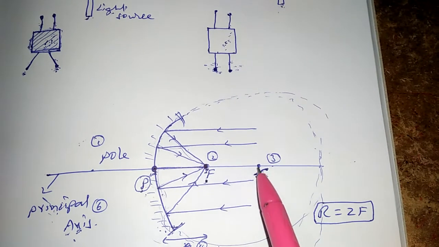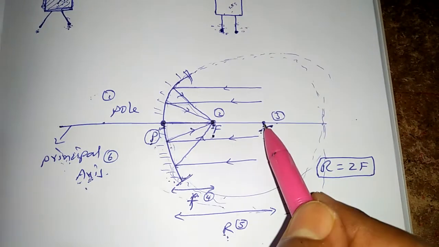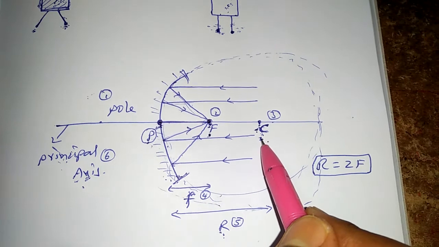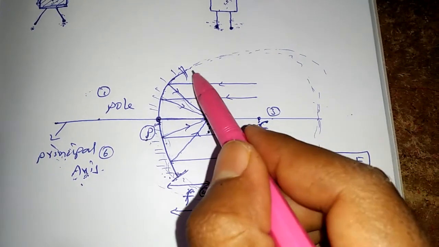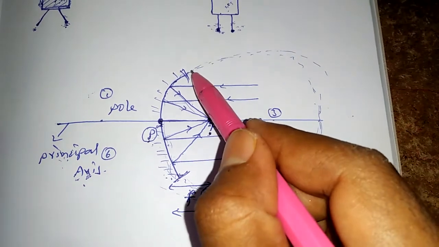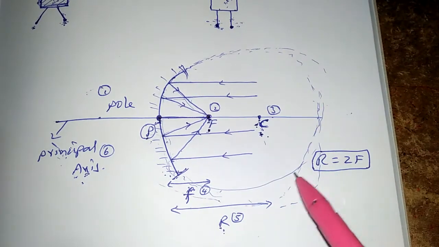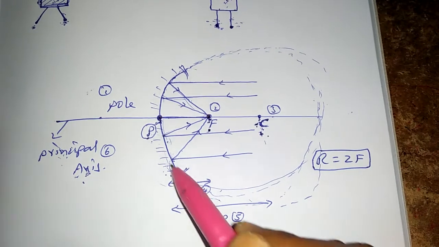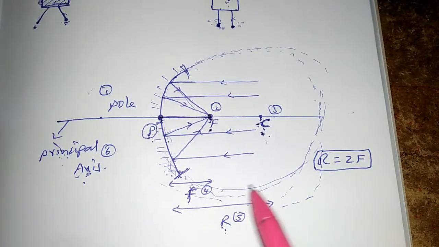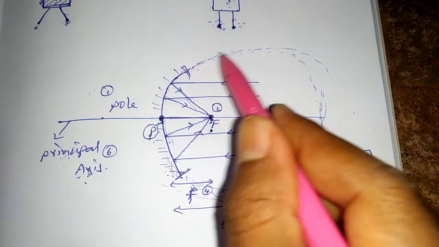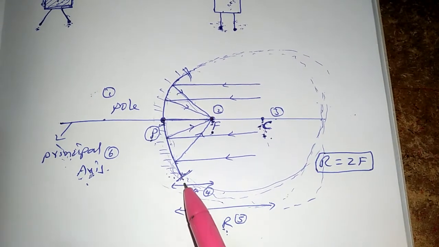If we extend this concave surface like this, then we will get a sphere. Our mirror is a part of a sphere, as I told already.